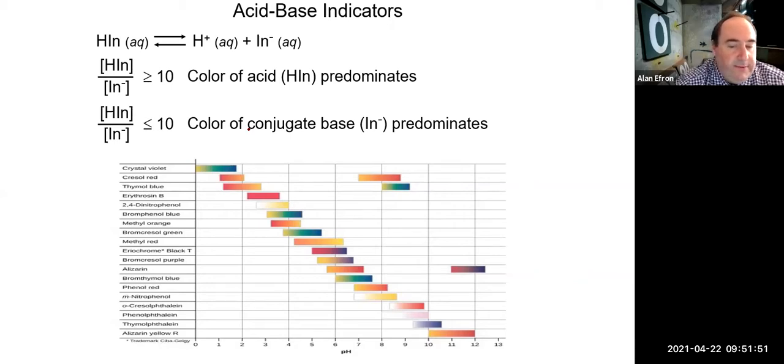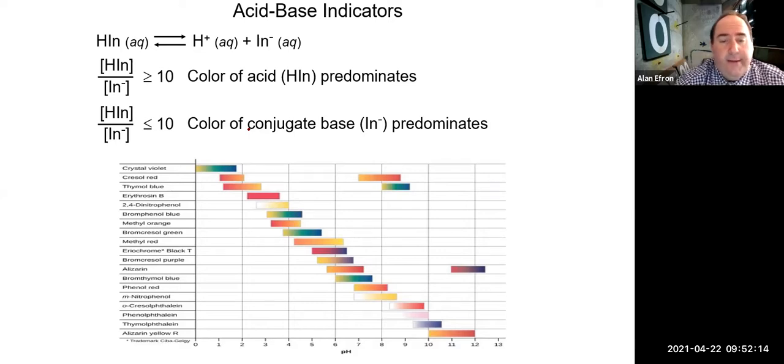Usually, what we use the indicator for is to determine if we've reached the equivalence point. In most titrations that we do, that is the ultimate goal, unlike some that we do in this class where we go past the equivalence point. But in a normal titration, your goal is to get to that equivalence point.